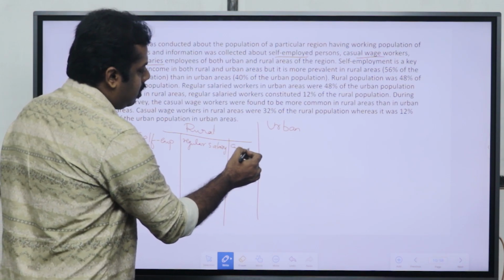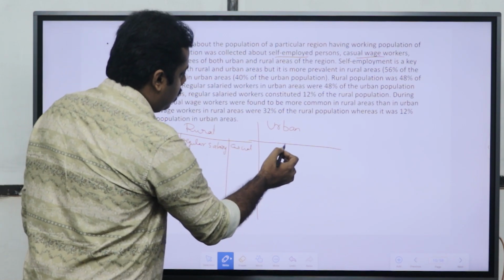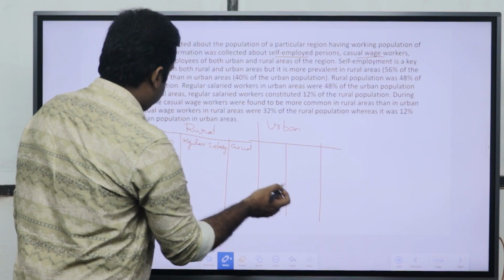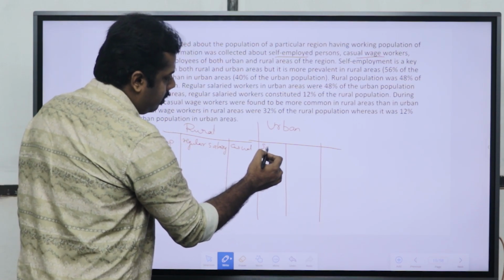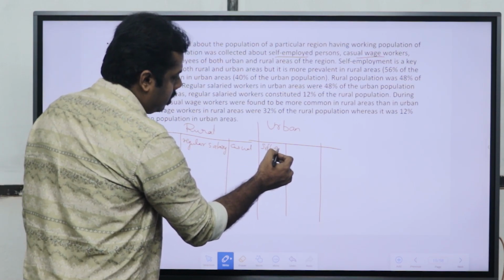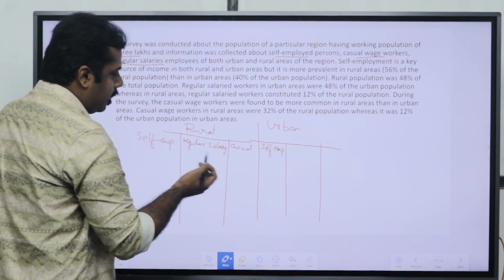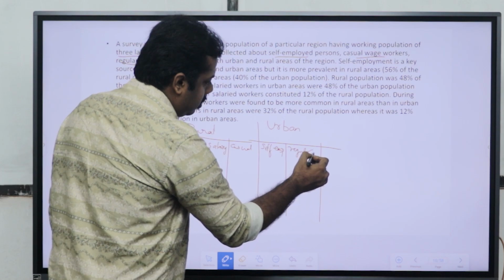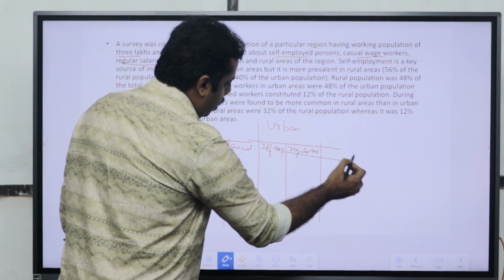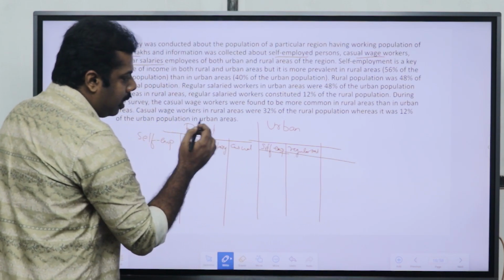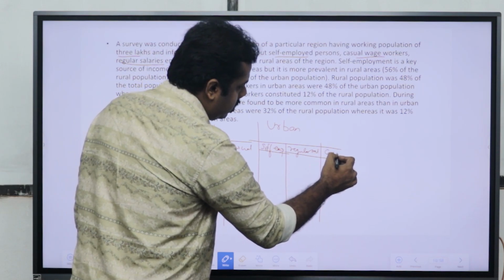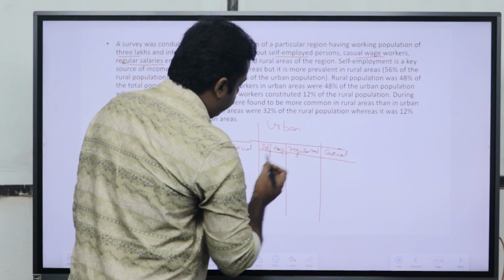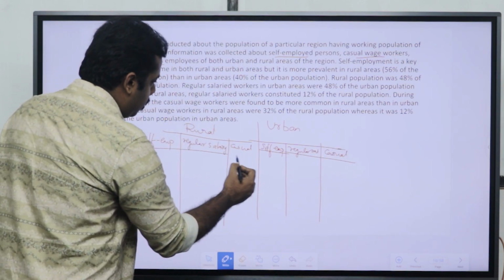The same constitutes the urban as well. Self-employed, regular salary, and casual workers. Now we can find out the data one by one.